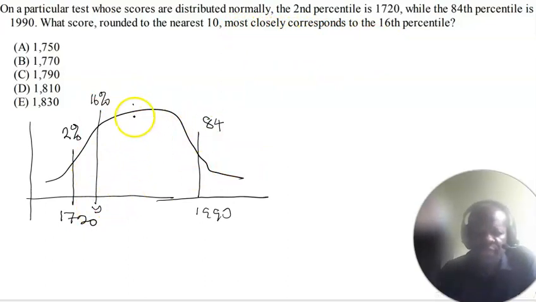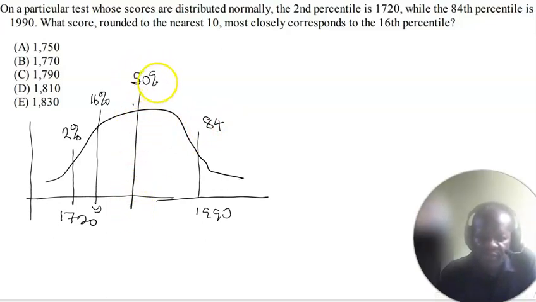Now let's start solving. Now we know that the mean is the 50th percentile. It will be in the middle. So that is 50%. So let the mean be x. Now if you look at the graph here, the difference between 84 and 50 is 34%.